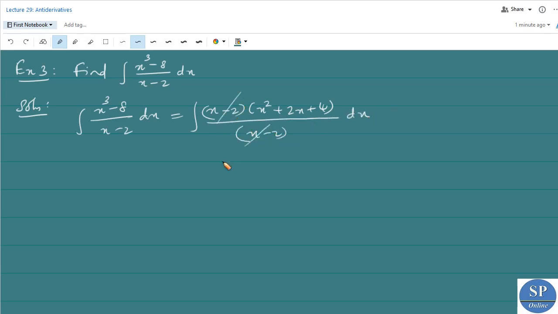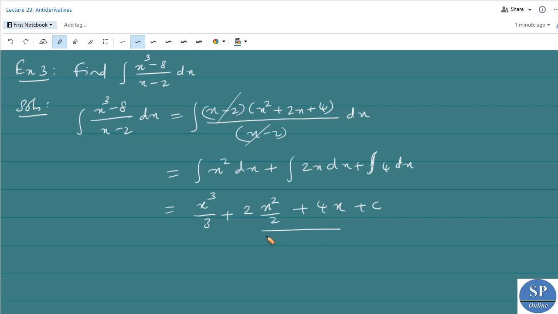So we can divide this x minus 2. So we have this is integral x square dx plus integral 2x dx plus integral 4 dx. So this is equal to, integrating this, we have x cube by 3 plus 2 into x square by 2 plus 4 into x plus constant of integration.